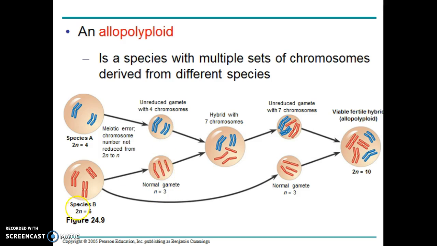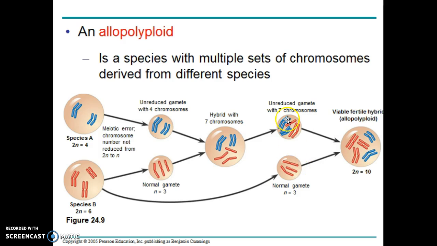This gamete was able to fuse with a gamete of a different species, in this case N equaled 3, because 2N equaled 6, so N equals 3, and we were able to have a hybridized organism that contained 7 chromosomes. Because it contained 7 chromosomes, it was producing gametes with 7 chromosomes, and this one was producing its normal gamete still, where N equaled 3.